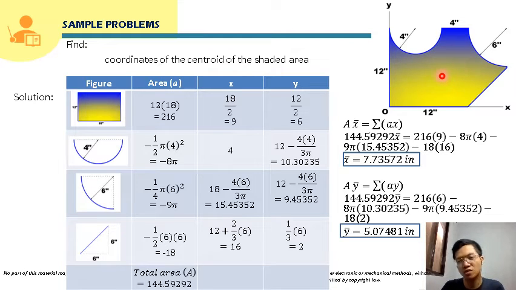So approximately here at this point. So we can say from our answer that if we have our axis at the centroid, the area above is equal to the area below, and the area at the right is also equal to the area at the left. So we can say that our answers are logical.